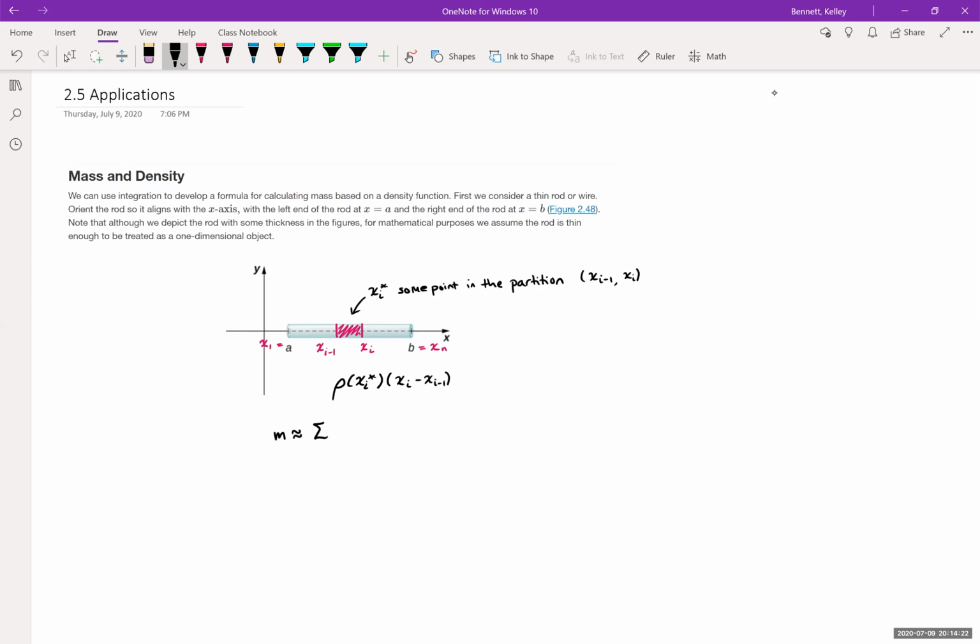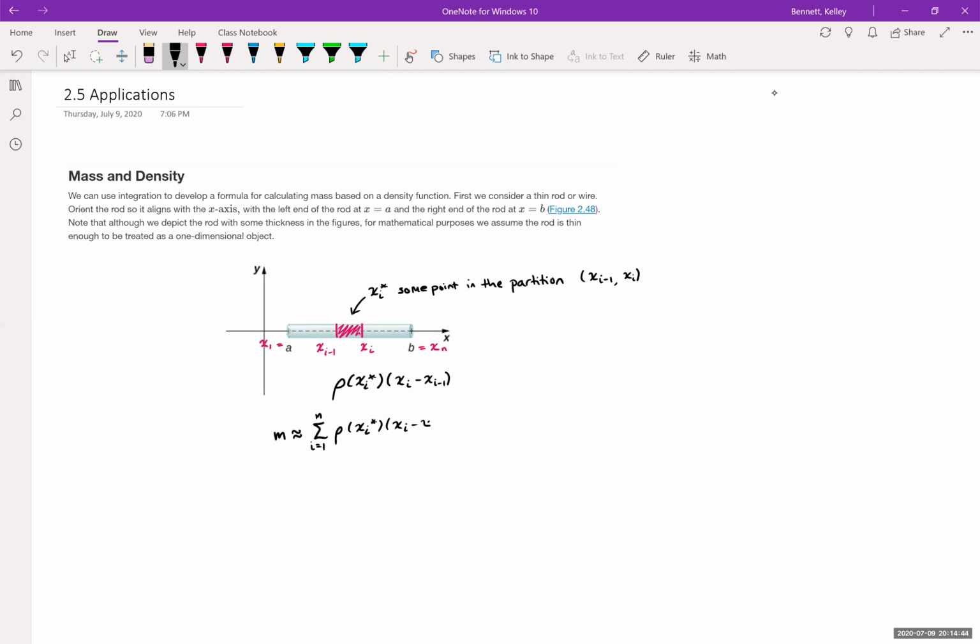If I wanted to compute the mass, a good approximation would be to add up all these little discrete parts. So from i equals 1 to i equals n, you take the density function for every partition, grab a point out of every partition and evaluate what the density is, and multiply it by the width.